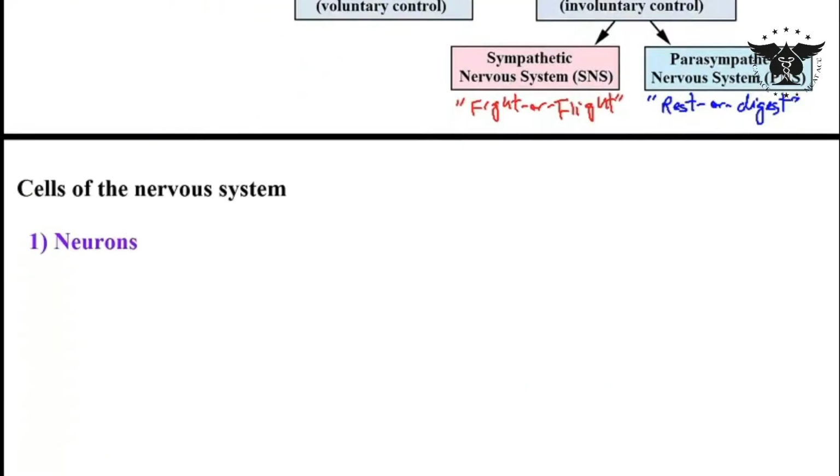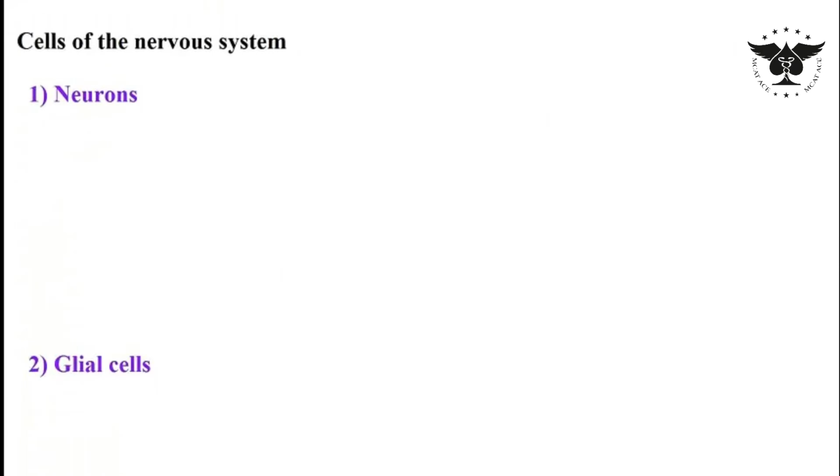Next, moving on to different cell types in the nervous system. So the nervous system has two cell types. One is neurons, which are basically specialized cells that respond to various physical as well as chemical stimuli in order to conduct electrochemical signals and release neurotransmitters.